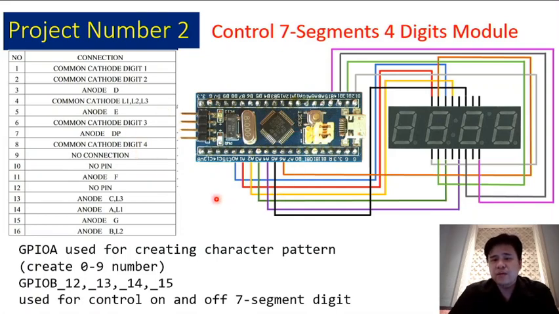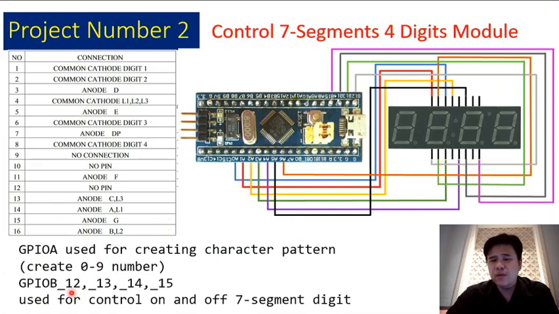Then you will find out that by using these schematics, your GPIO A will be used to create your character patterns such as numbers 1 to 9, and GPIO B bits number 12, 13, 14, and 15 will be used to turn on and off your 7-segment digits.